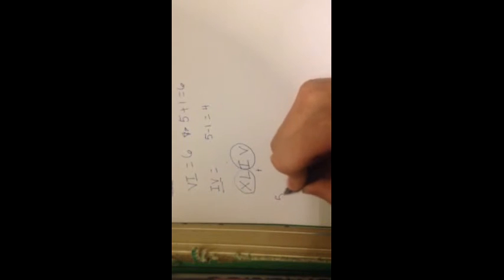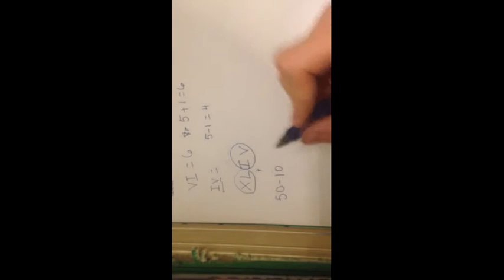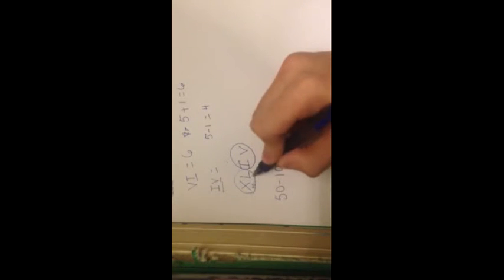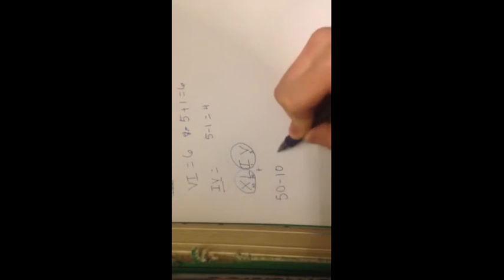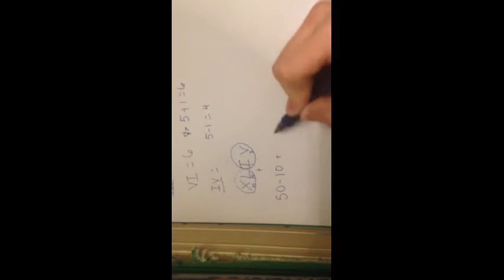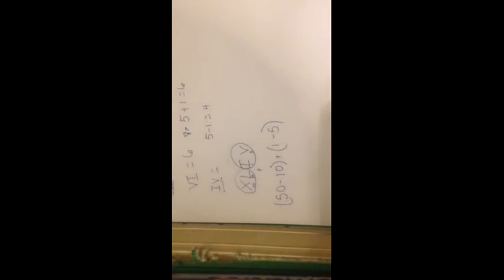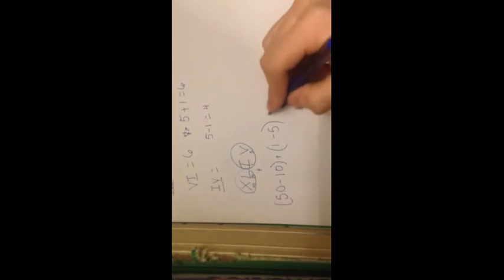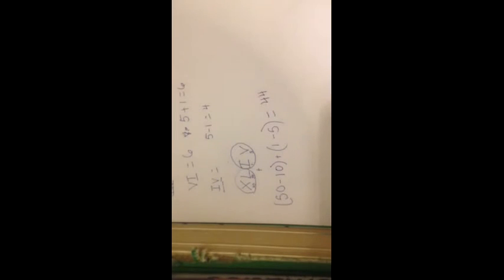So that's going to be 50 minus 10, because this 10 is coming before this 50. And then the 5 minus 1 gets you the number 44.